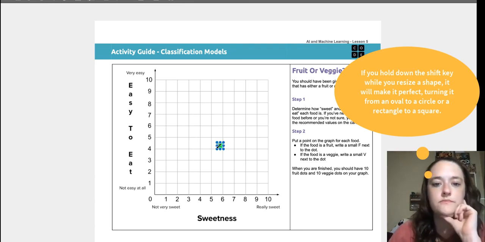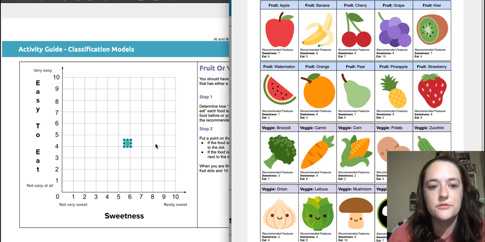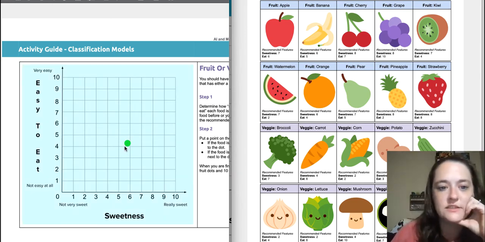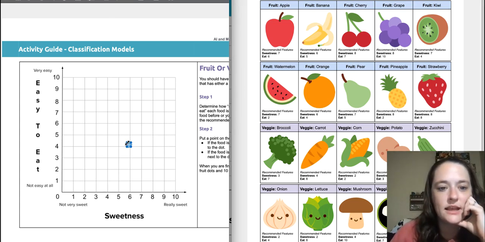Okie dokie. I am going to start with the apple. This is a fruit. And it has a sweetness of 7 and an ease of eating 6.